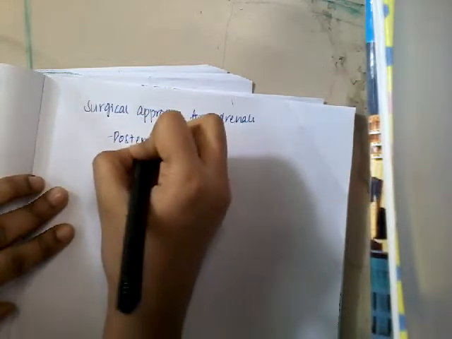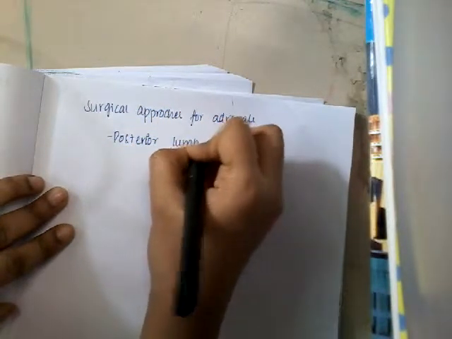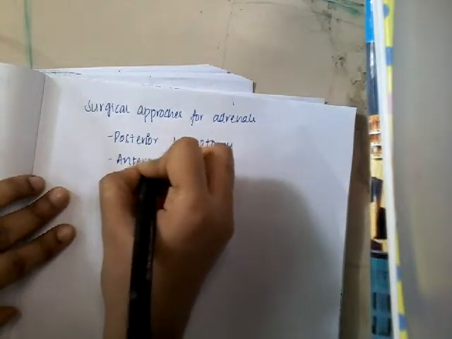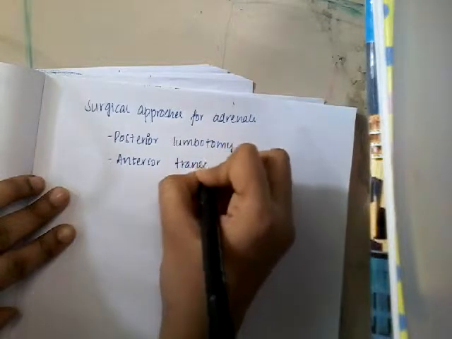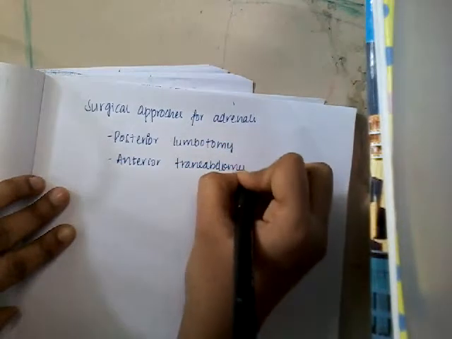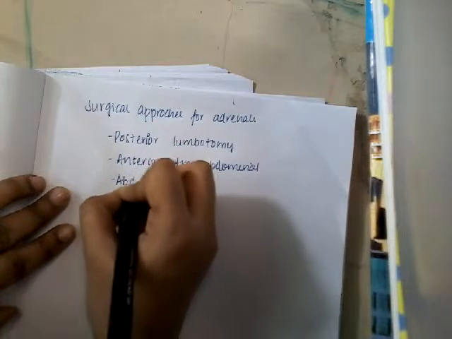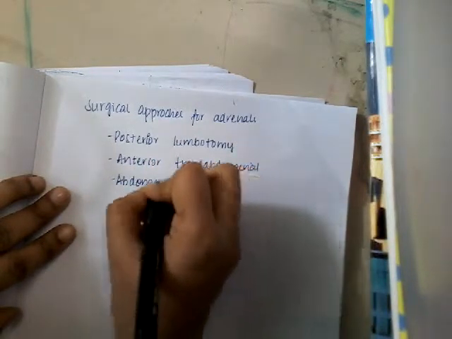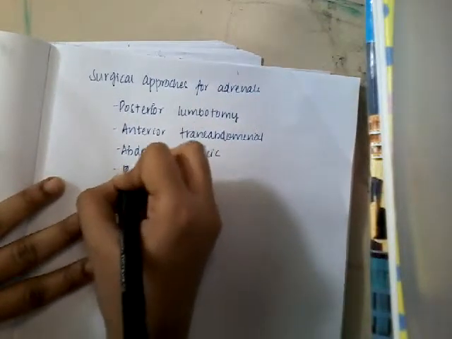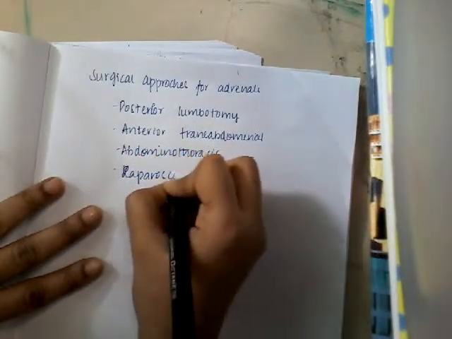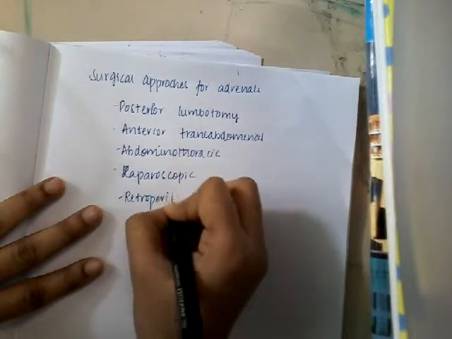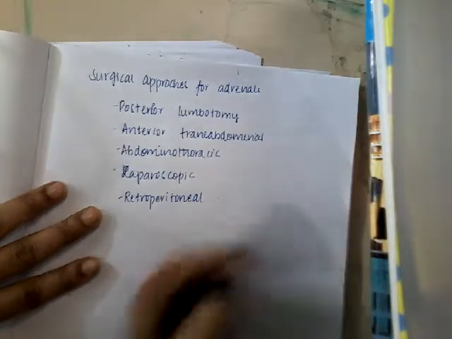These include posterior lumbotomy, anterior transabdominal or abdominothoracic approach, or it can be a laparoscopic approach or a retroperitoneal approach. So these are the different approaches which are available for adrenal glands.